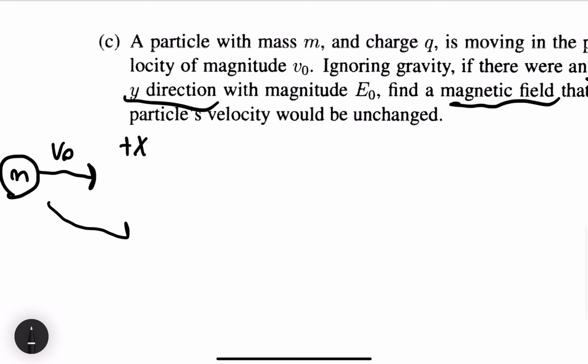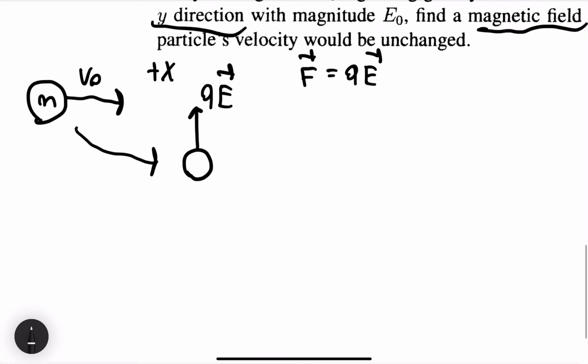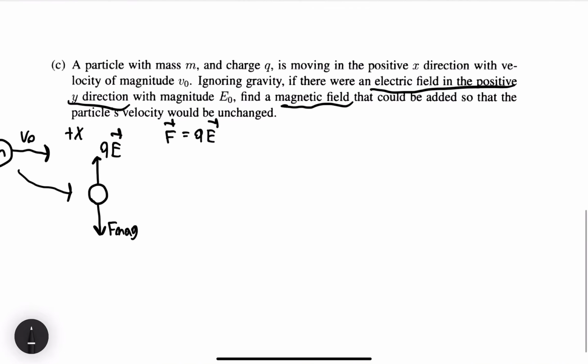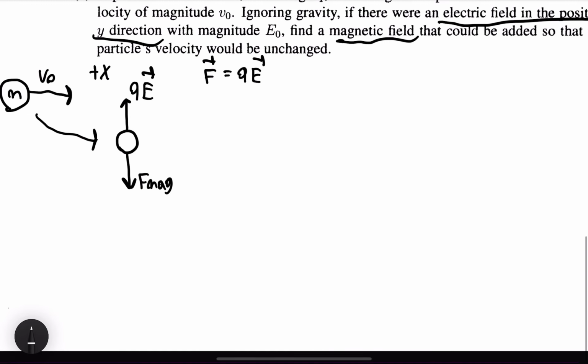If I draw this to represent the forces, I have my electric field pointing up, and the force of an electric field is QE, right? So I have QE up here. And then I want to cancel it, so I need the magnetic force to be going down. Otherwise, we won't be able to satisfy what it wants, which is the velocity remaining unchanged.